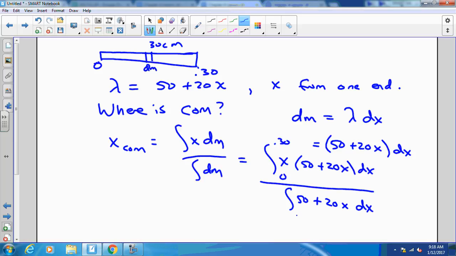Everything's done in meters, am I correct? Yes. So we're going to be integrating from 0 to 0.3 and from 0 to 0.3. And the actual integration here is relatively simple. You guys can do the distributing, power rule, blah, blah, blah. So we'll go back and finish out this problem tomorrow and also take a look at a situation where you have a triangle.